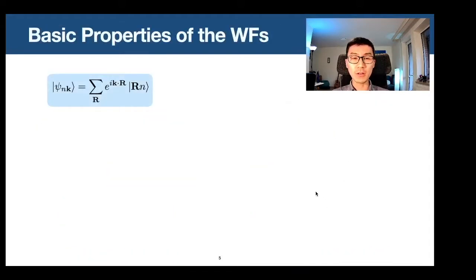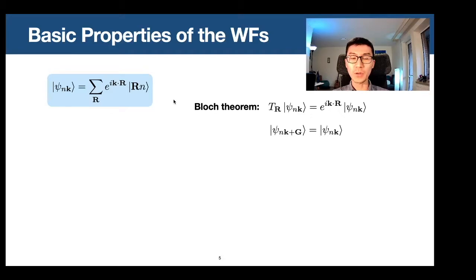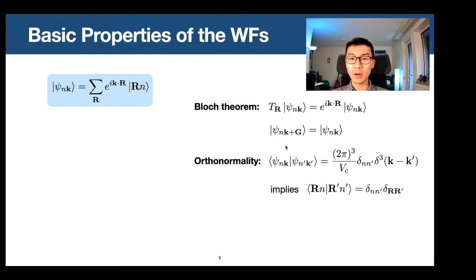Wannier functions also have very nice properties, and that's one of the reasons why many people are using them. The first thing is that if you construct a Bloch function like this out of Wannier states, you can easily prove that it satisfies Bloch's theorem. And starting from the orthonormality of the Bloch functions, you can also show that Wannier states are orthonormal to each other.